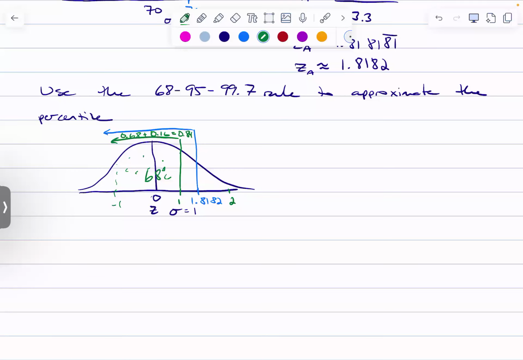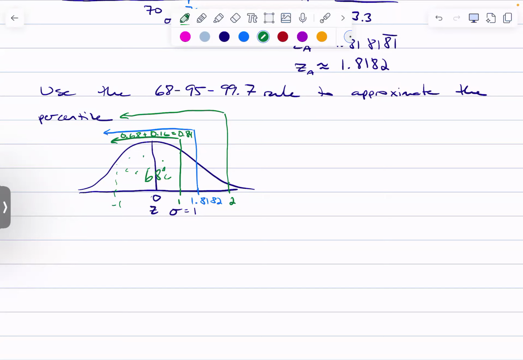We can do the same thing for 2. Now I gave myself tons of room for 2. 2 standard deviations, 68, 95. So now I have 95 with 5% left over, split evenly amongst the tails.